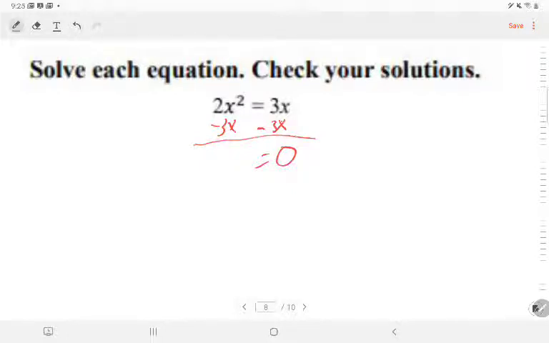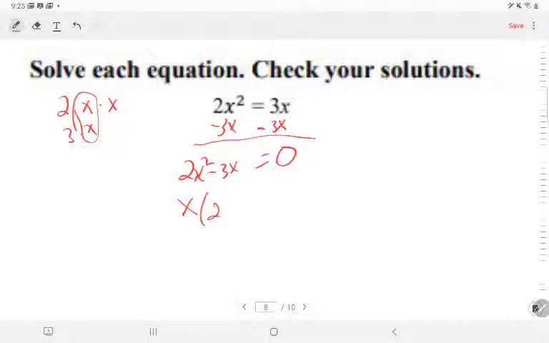2x squared and negative 3x are not like terms because there's no exponent on negative 3x. So it'd simply just be 2x squared minus 3x. So can we factor that? Well, that's 2 times x, and that's 3 times x. They both have an x in common, so I can factor out an x.